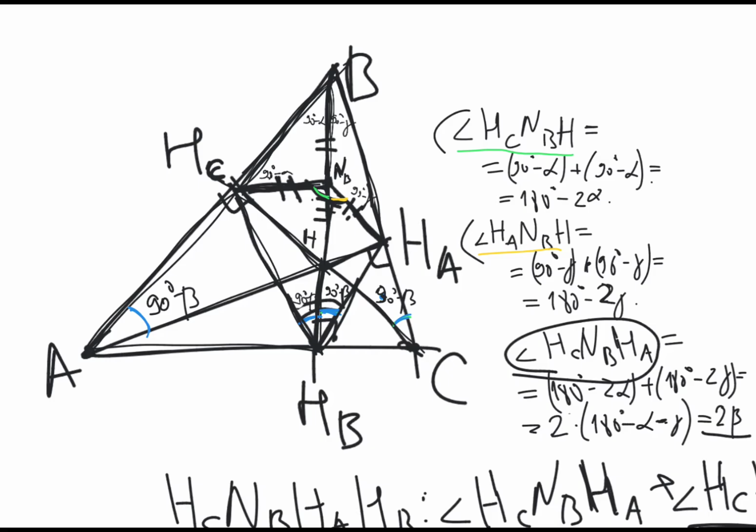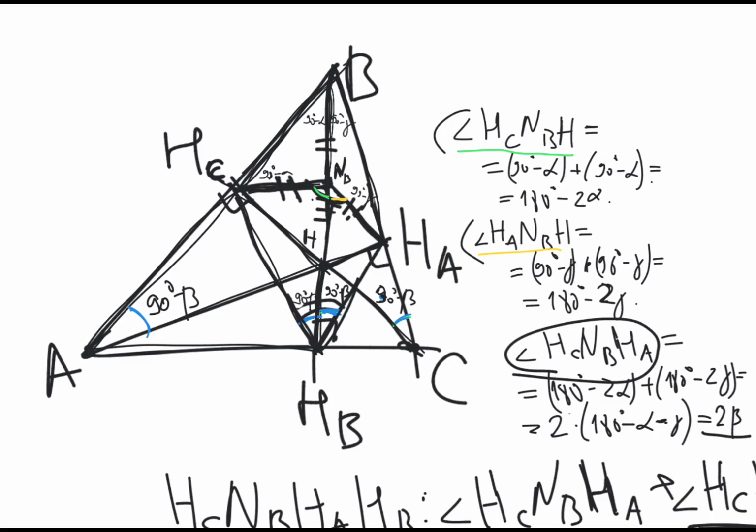I will show it in a future video, and this proof not only establishes that NB lies on this circle, but it also establishes where the center of this circle lies.